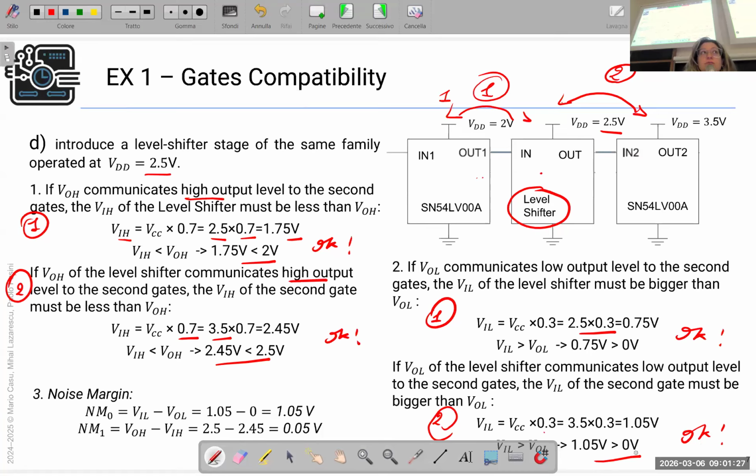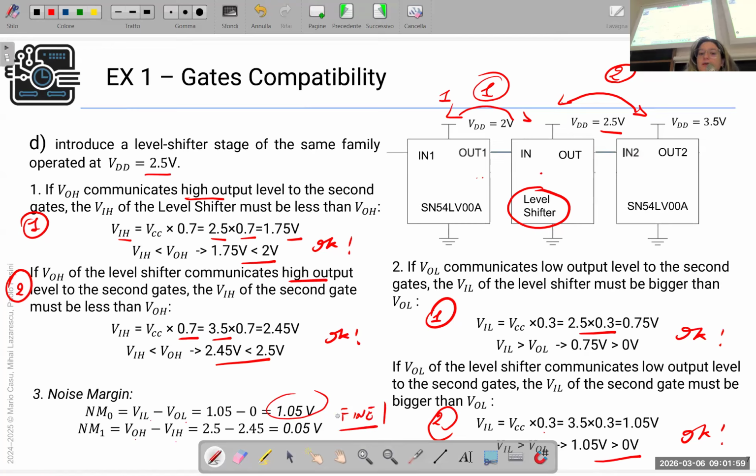Too fast? Again, here we can calculate the noise margin. The noise margin at the low level is input minus output, which is 1.05. At the high level, we have output minus input, which is 0.05 volt. It is very little, but that's fine.